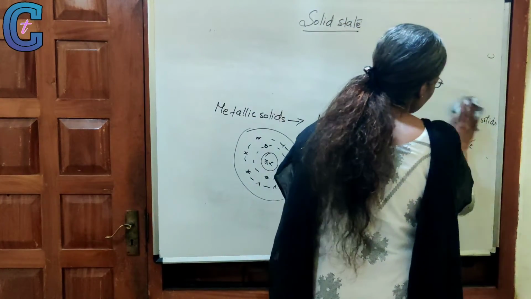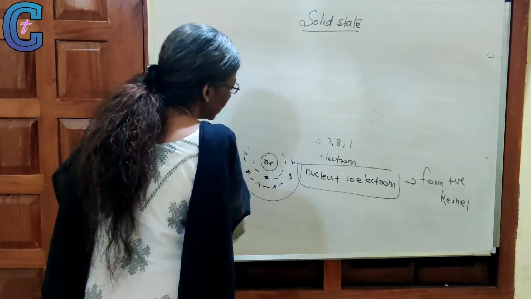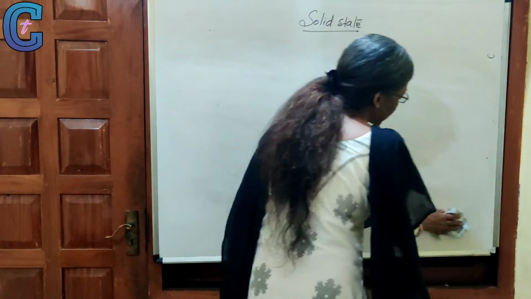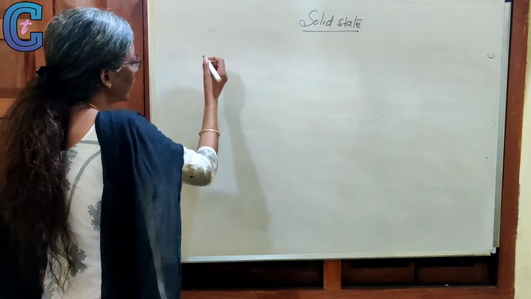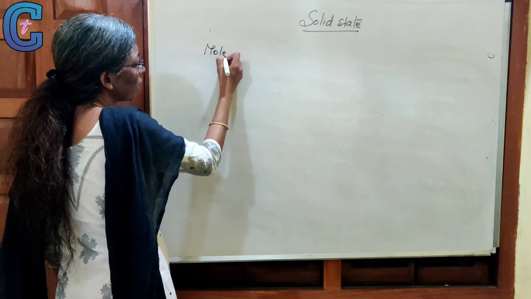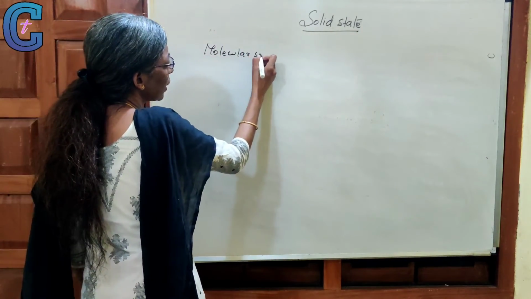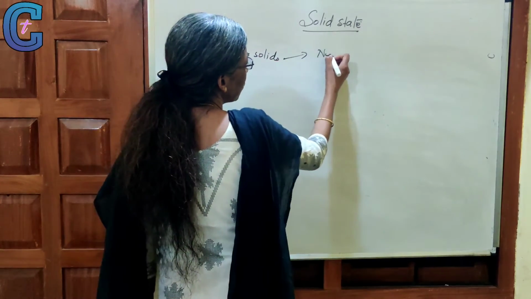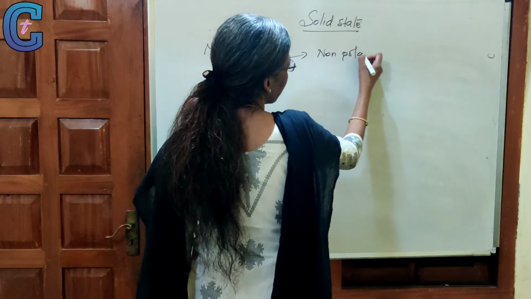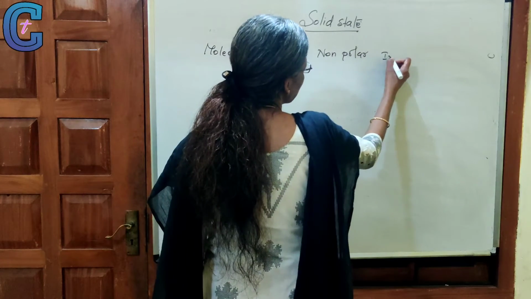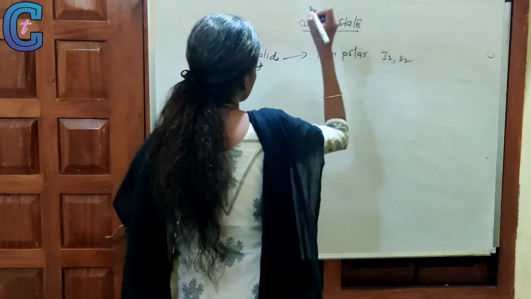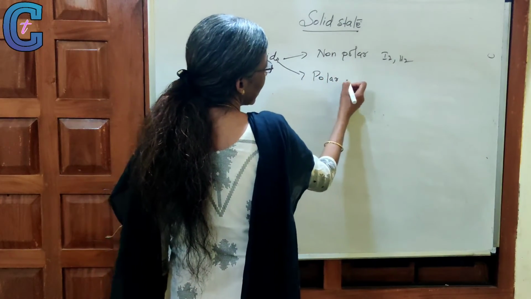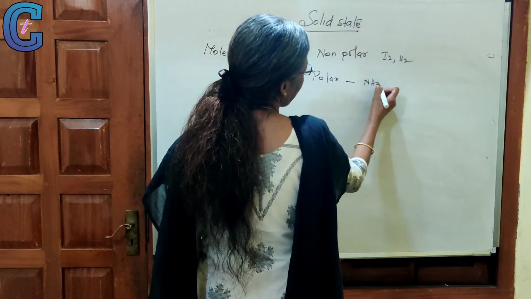Molecular solids are further classified into polar and non-polar solids. Non-polar, like I2, H2, O2, etc. Next one, polar, example ammonia.